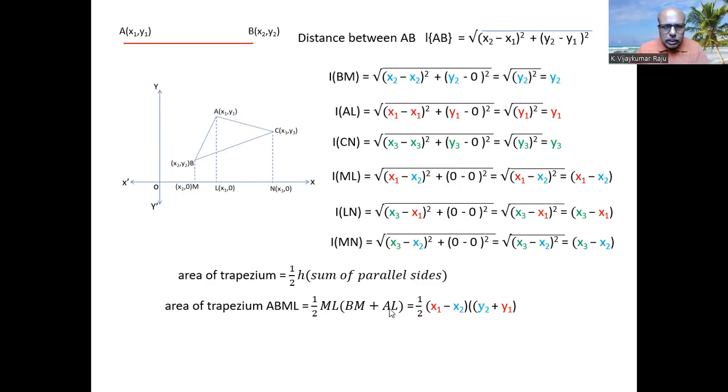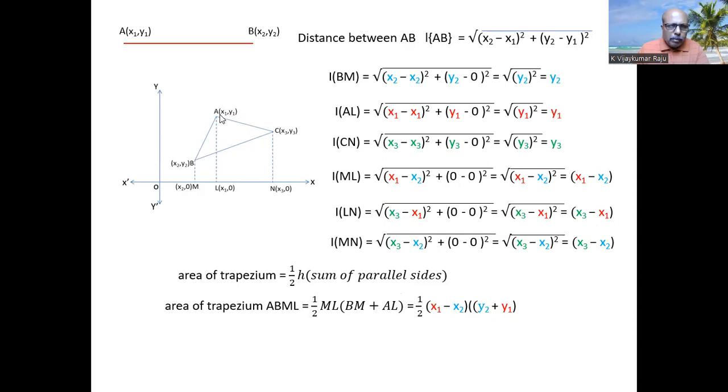So that is half into ML. ML is here X1 minus X2. So put that X1 minus X2, bracket BM. BM is Y2. Put Y2. And AL is Y1. Got it? So this is the area of the trapezium ABML.